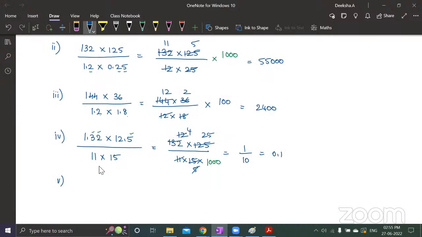Now answer this. 6.25 into 14.4 divided by 0.4 into 2.5. I will write the decimal numbers only in the numerator: 4 into 25. What is the answer for this?